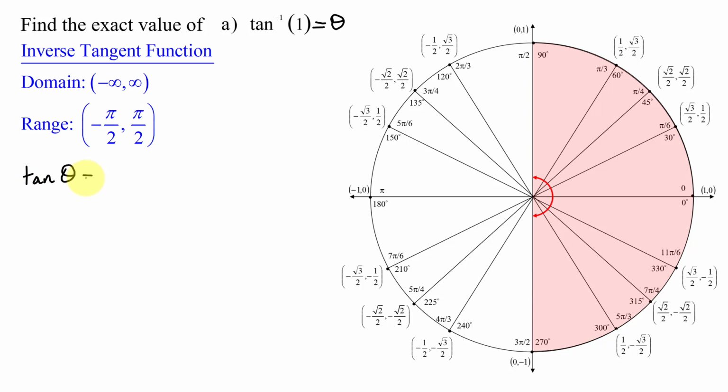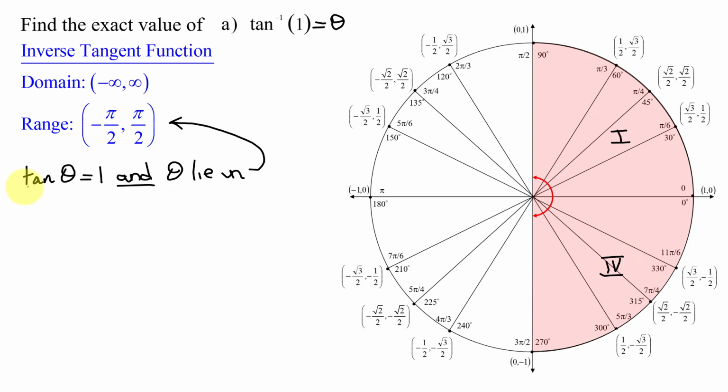of theta equals +1, and don't forget the restriction, theta has to lie in the interval -π/2 to π/2. These restrictions on theta mean my angle has to lie either in quadrant 1 or in quadrant 4.